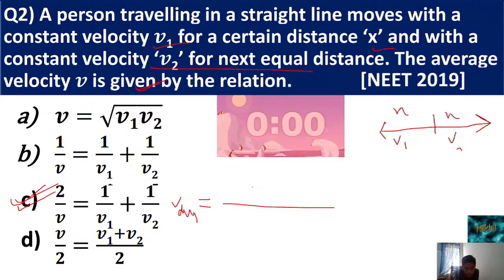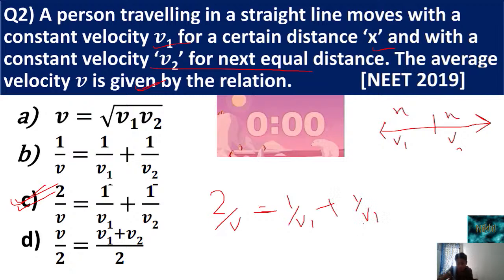You can remember it or you can actually solve it. Let me tell you the easy trick. If you have equal distances covered with different velocities, the answer will be 2 by v equal to 1 by v1 plus 1 by v2.